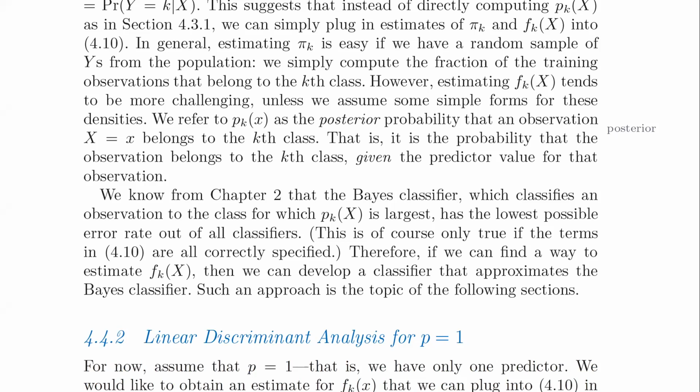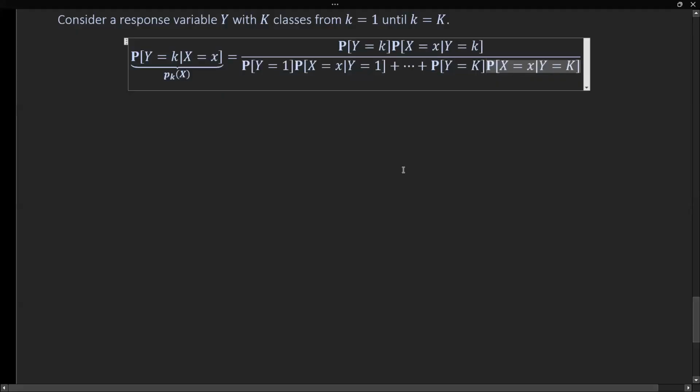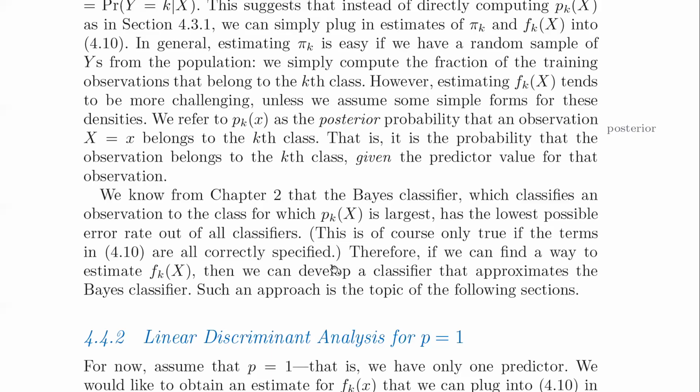That is, it is the probability that the observation belongs to the kth class given the predictor value for that observation. Oh yeah, of course. pk is the posterior.